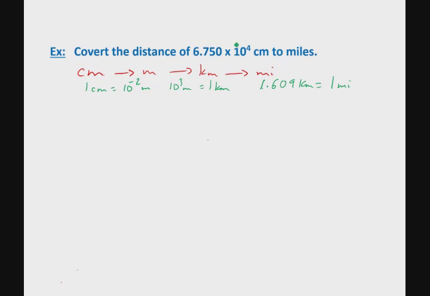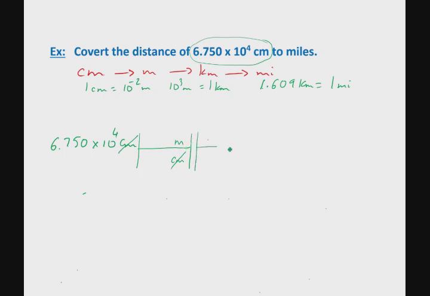As I said before, we must always start with the measurement that needs to be converted. In this case, that would be 6.750 times 10 raised to 4 centimeters. We need to convert centimeters first to meters. So centimeters goes in the denominator because that allows us to cross those out, and meters goes in the numerator.